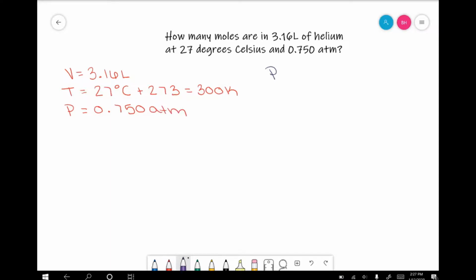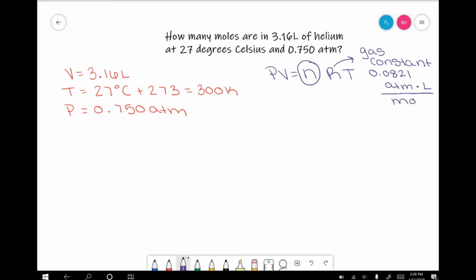So let's go ahead and take a look at our equation. Our equation that we have is PV equals nRT. Our unknown right here is our moles. We also want to remember that R is our gas constant, and that has a very specific value, and it's 0.0821, and that's atmospheres times liters over moles times a kelvin.